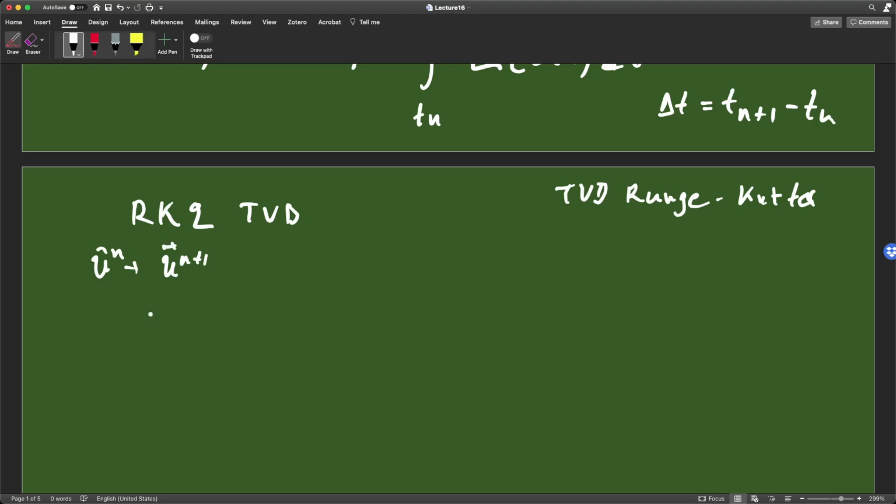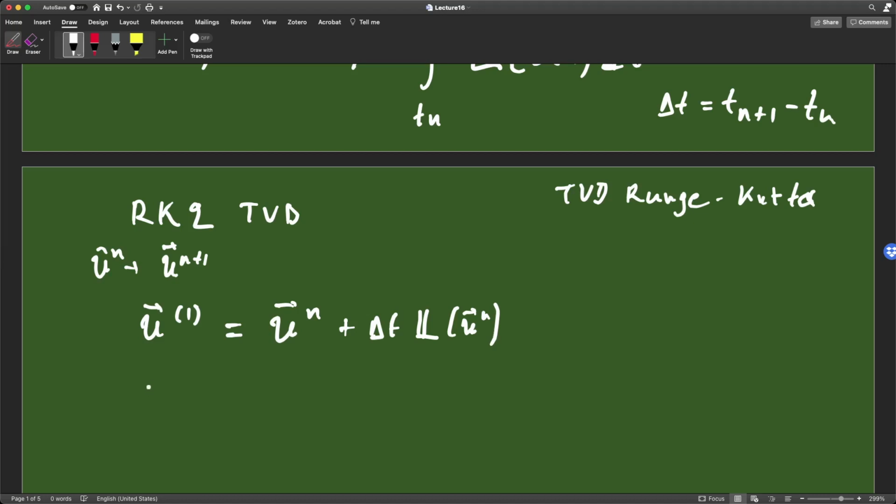So we start with un as a given, and then we compute an intermediate vector u1 that is equal to un plus delta t times L of un.